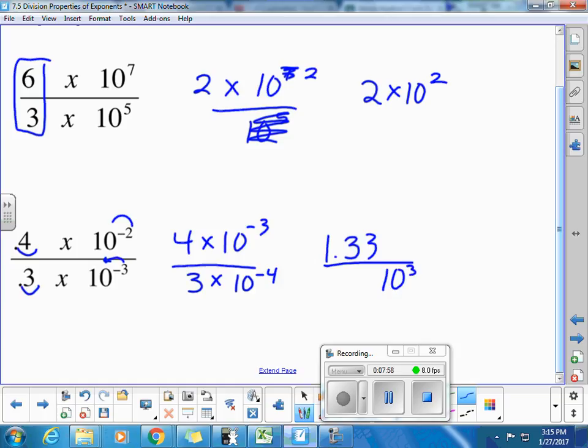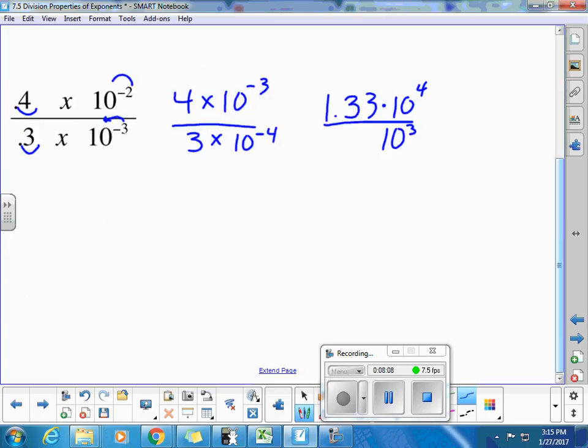My 10 to the negative 4th is going to be times 10 to the 4th in the numerator. So again, these 3 10s are going to cancel out with 3 of these and just leave 1. So I will get 1.3 repeating times 10, or 13.3 repeating.